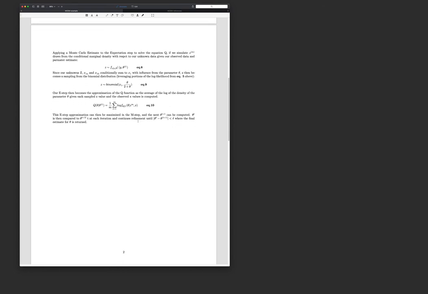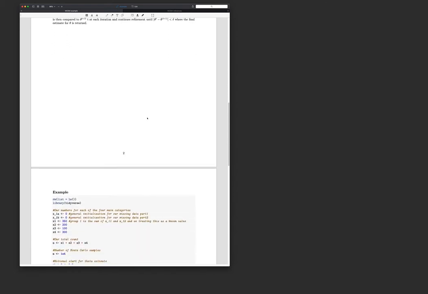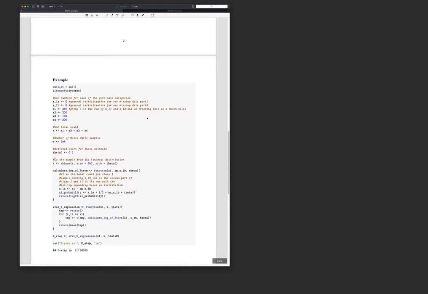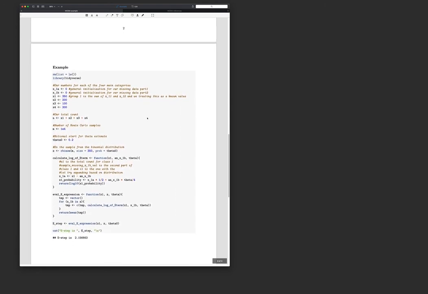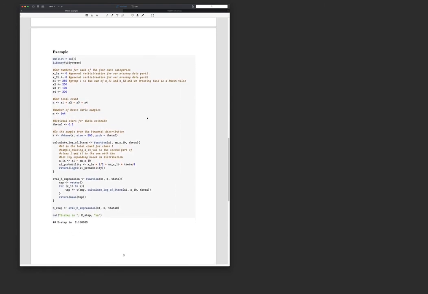We can then maximize that in the M step, and then we can compute our next theta. And once we've got that equation, we can just iterate until our delta is below a certain value, and we say that's the estimate. All right, so let's take an attempt now at looking at a concrete example.